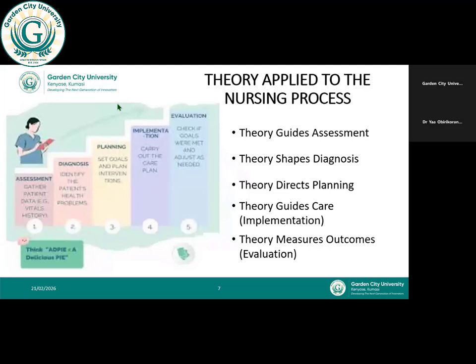Let's say my patient is a hypertensive patient, and she's on admission on the ward. And so I am going to use her theory to help guide my assessment. So what would I be looking out for? What are some of the things that I am looking for?